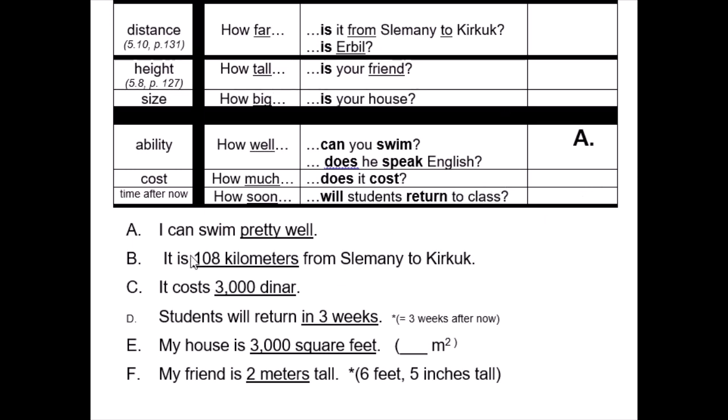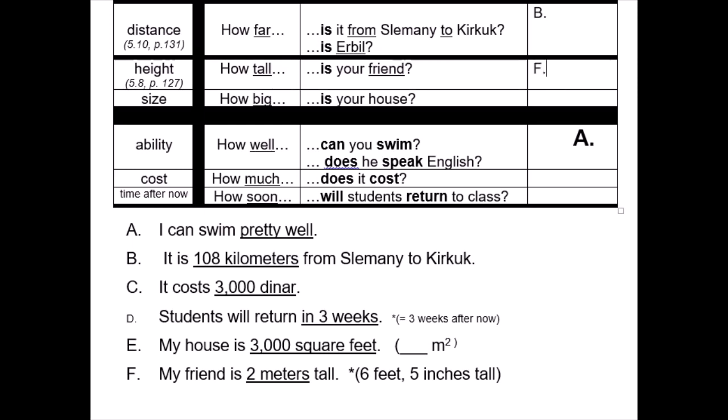Let's do this together. So how far is it from Slemani to Kirkuk? Okay, it is 108 kilometers from Slemani to Kirkuk. So that's B. Okay. Height. How tall is your friend? Oh, my friend is 2 meters tall.